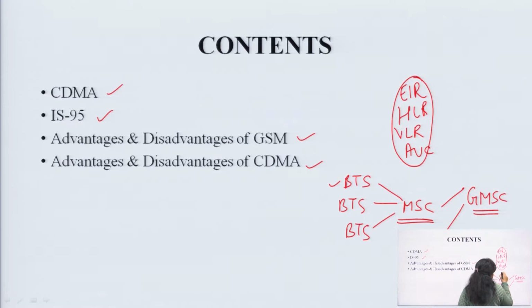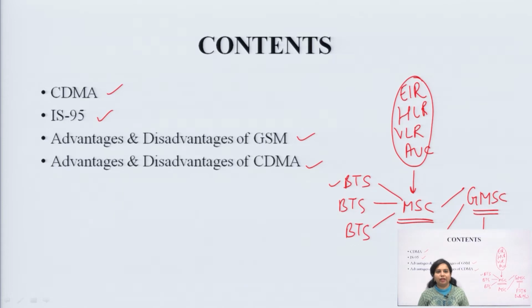So, these 4 registers are connected to this MSC, where different information about individual mobile phones is collected. Then after this GMSC, it is connected to the public switched telephone network, that is PSTN, or it will be connected to a data network. So, likewise this is the flow of GSM architecture, that is global system for mobile communication.